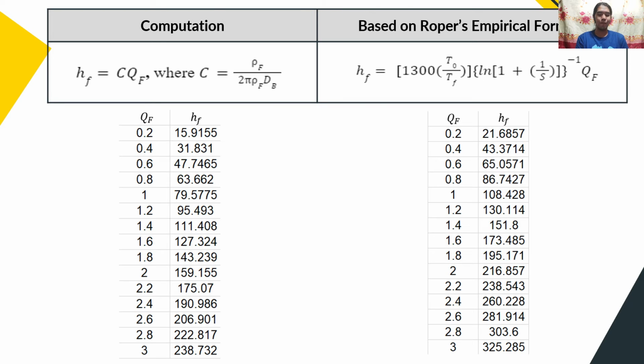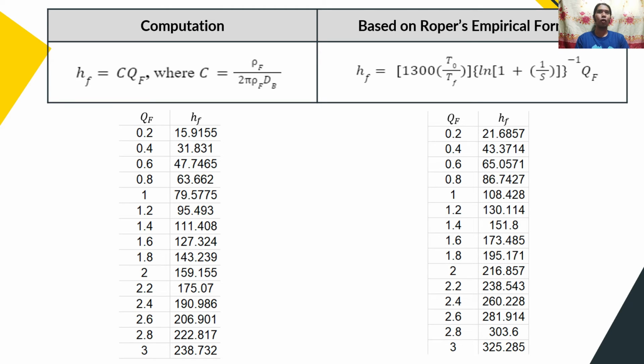denotes the height of the flame, which is equal to 1,300 times the T sub O, which means the temperature of the surroundings, all over T sub F, which means the temperature at which diffusivity in the gasoline starts, and it is determined to be 1,500 Kelvin, times the natural logarithm of 1 plus the quantity 1 over S, where S denotes the ratio of air to fuel volume at which complete combustion happens.